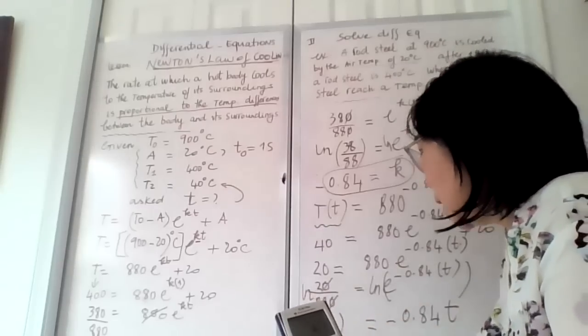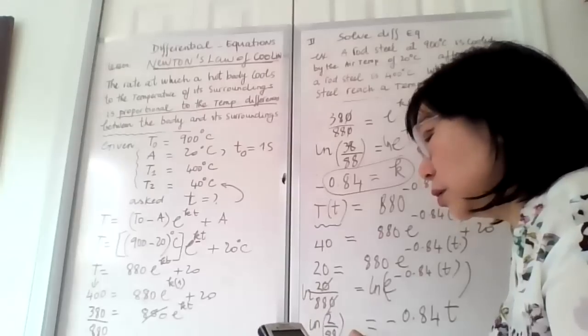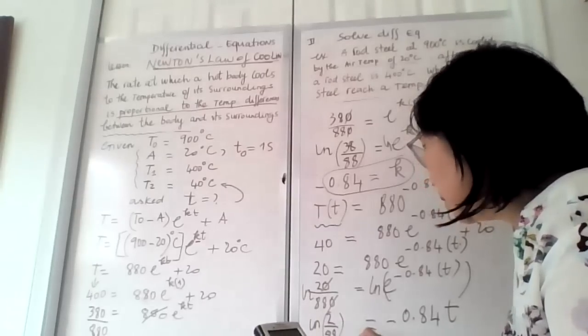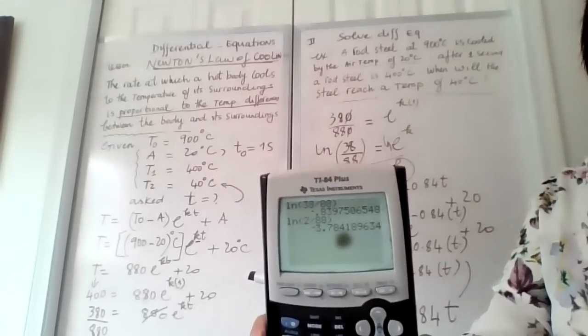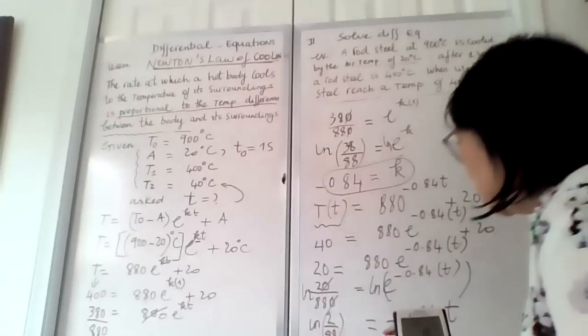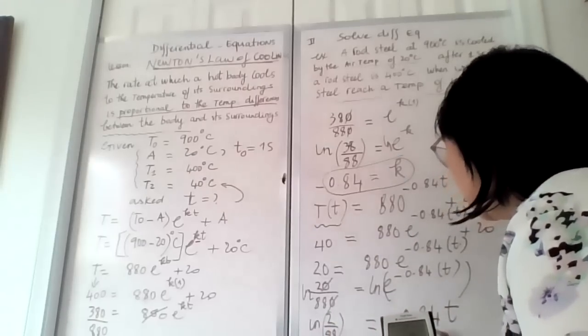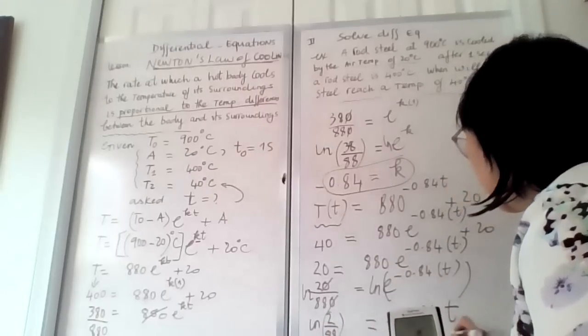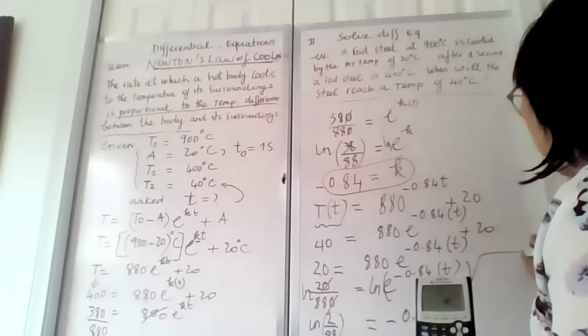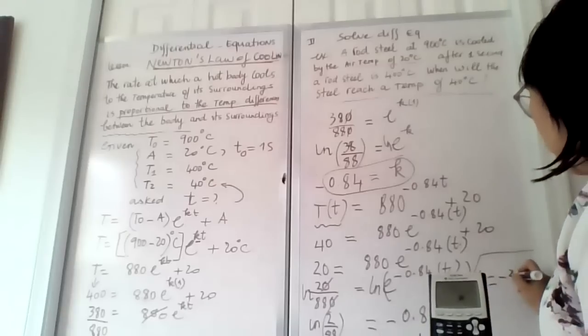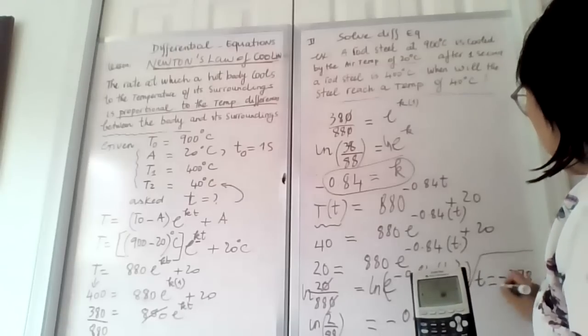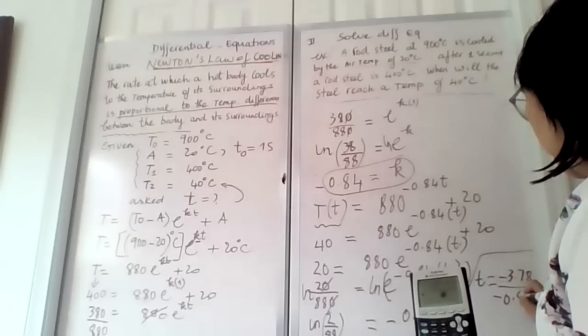Ln of 2 divided by 88 equals minus 3.78. That's how I got it from my calculator. Equal minus 0.84 t. So to solve for t, what do we get? t will be equal to minus 3.78 divided by minus 0.84.